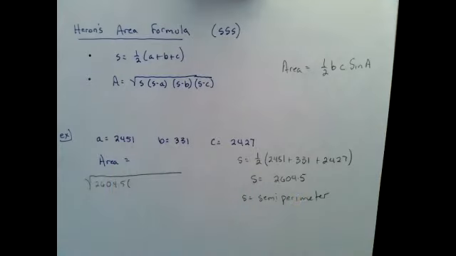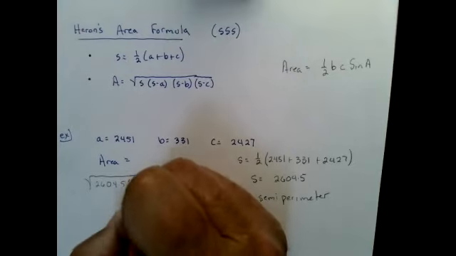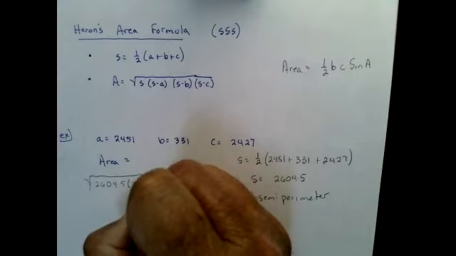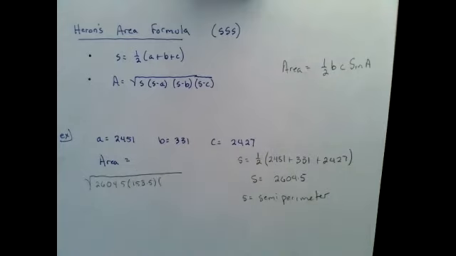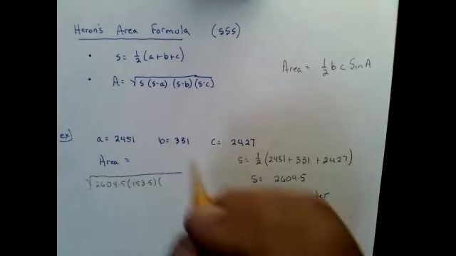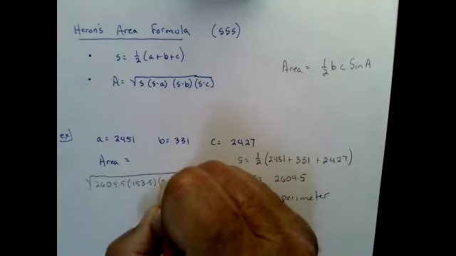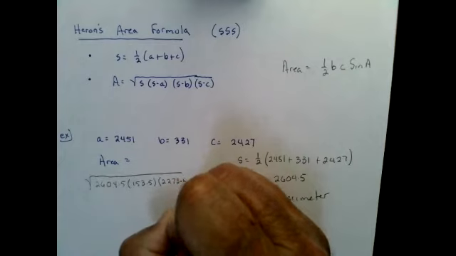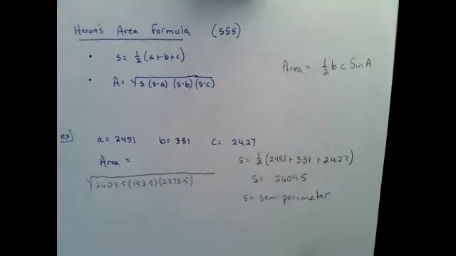So that's going to be 2604.5 minus 2451, and that should be 153.5, times S minus 331. 2604.5 minus 331 is 2273.5. And finally, S minus C, 2604.5 minus 2427.